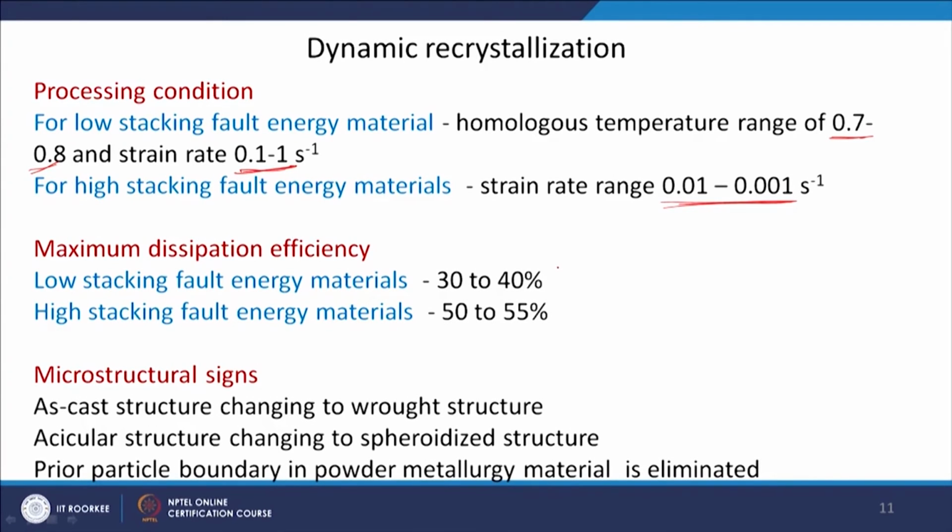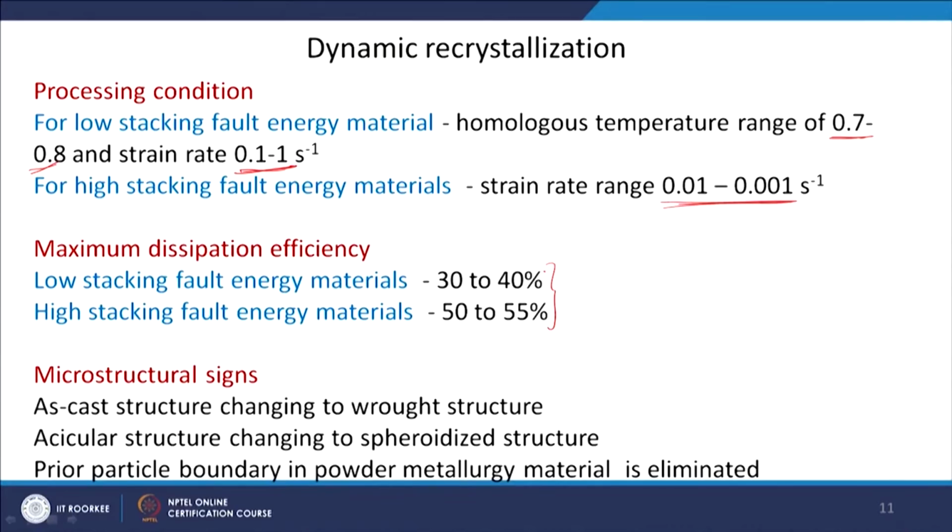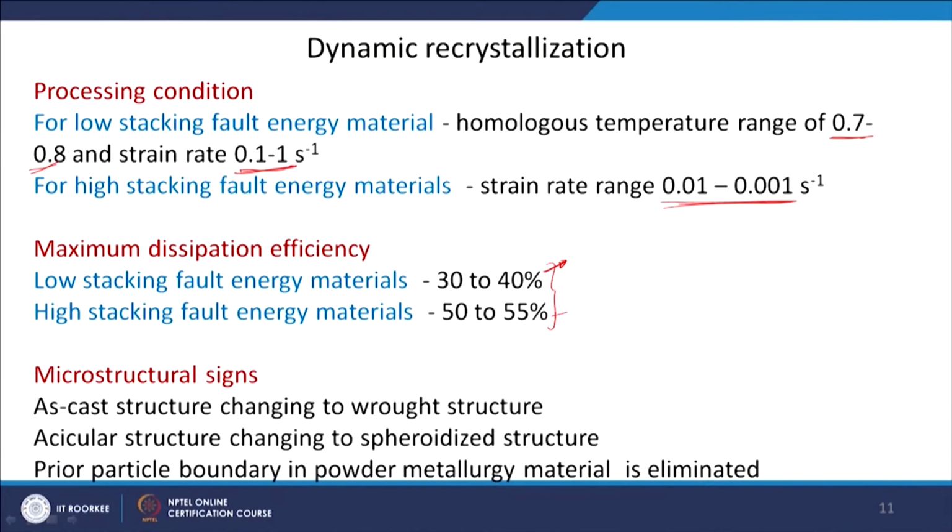If you want to talk in terms of maximum dissipation efficiency, just to know what efficiency we should aim for: for low stacking fault energy materials, if you are getting 30 to 40% efficiency, you should be in the dynamic recrystallization domain. And if you have a high stacking fault energy material, like aluminum and so on, the efficiency should be in the range of 50 to 55%.